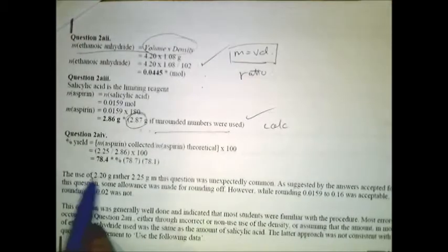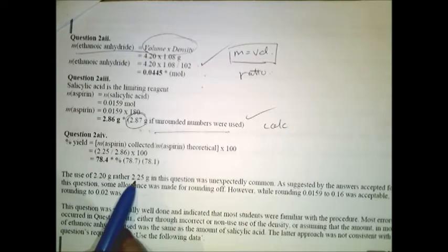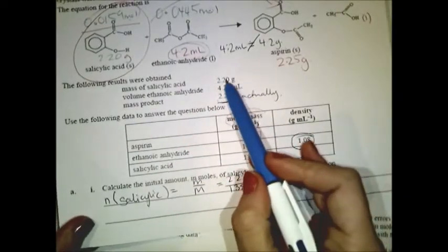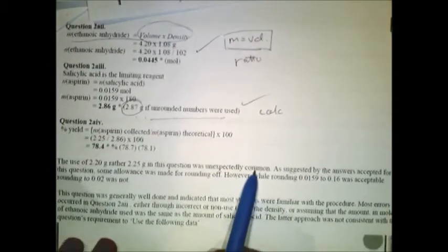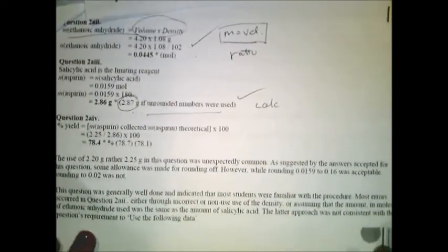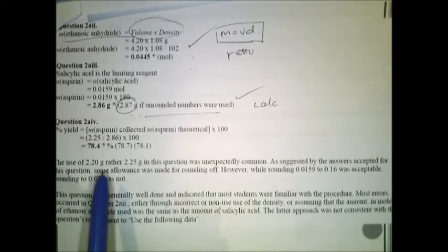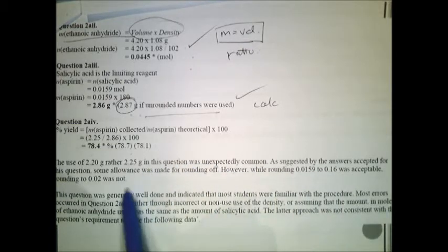And over here, the use of 2.2 grams rather than 2.50 grams, so basically reading that initial table incorrectly, with the 2.20 grams of salicylic acid, was unexpectedly common. As suggested by the answers, except for this question, some allowance was made for rounding off, while rounding to this was acceptable, to this was not.